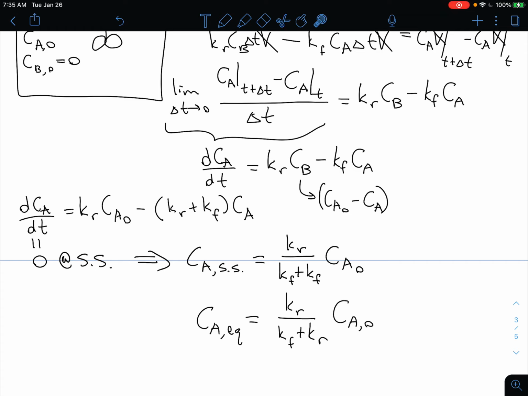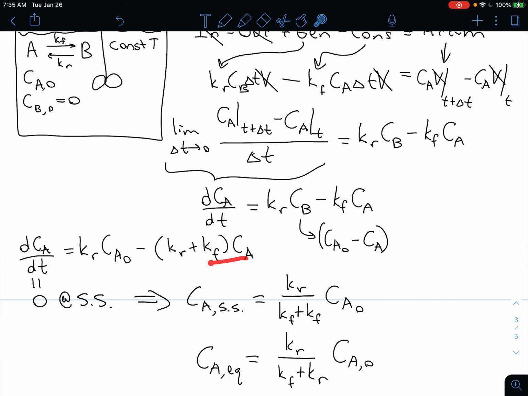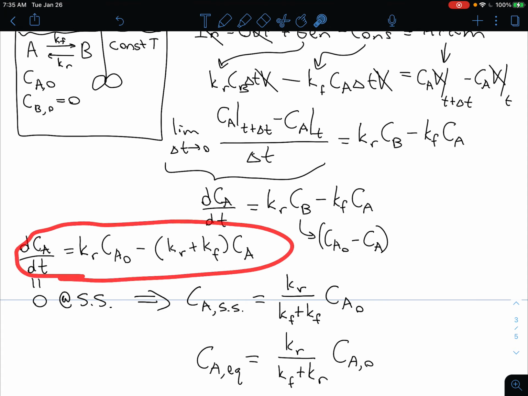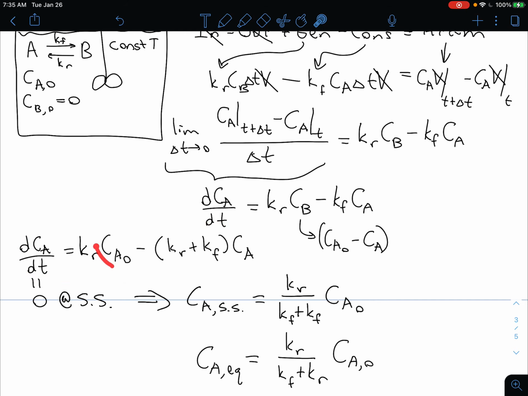So what it actually tells you is that in this case, steady state and equilibrium concentrations are the same. So we haven't solved this differential equation, but at least we have confirmed that if you give this differential equation enough time to progress, the Ca naught will convert partially to Cb, such that it'll settle down to a steady state or equilibrium concentration defined by this quantity.